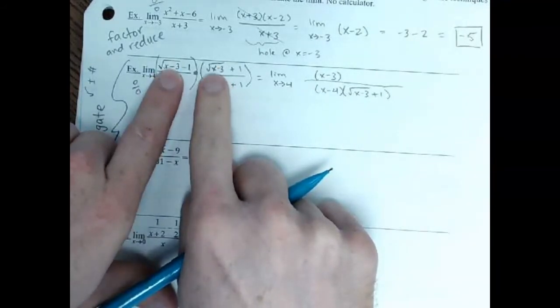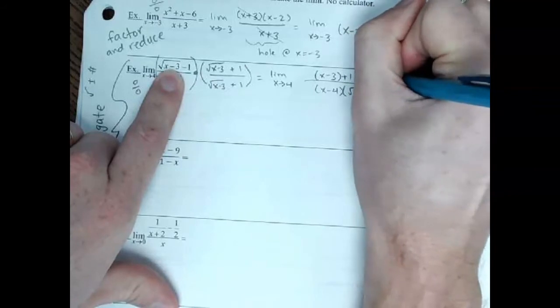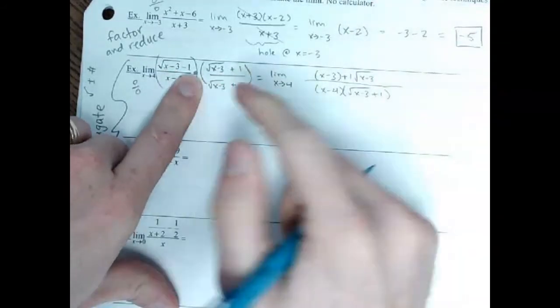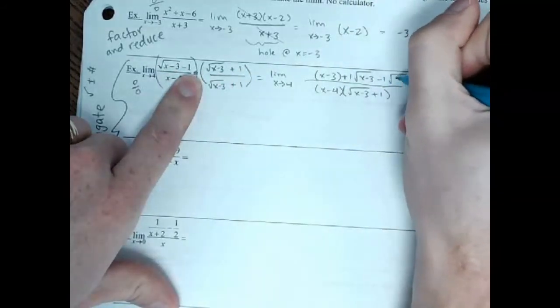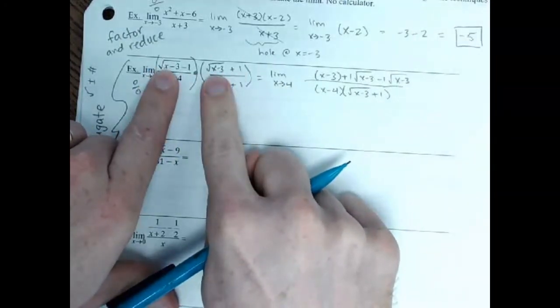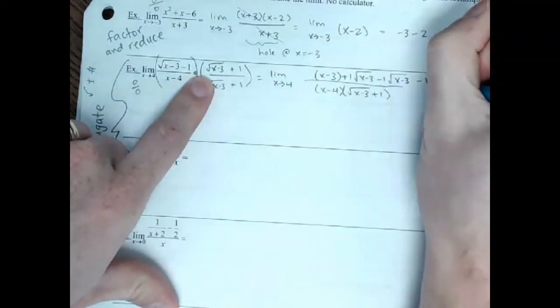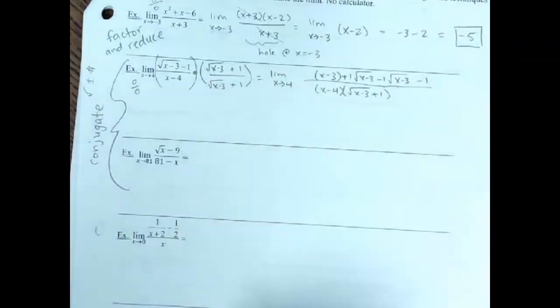Then I'm going to have plus 1 roots of x minus 3 minus 1 roots of x minus 3, right? The first, the square root's canceled, the outside, inside, and then the last, which is just your minus 1. So we multiply out the conjugates, I leave the non-conjugates factored.